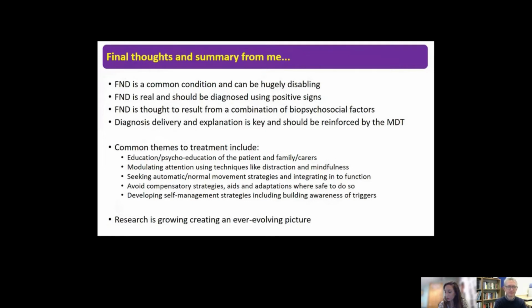We are all providing the same kind of treatments. There are the same principles governing what we are doing, certainly as allied health professionals. Physio, OT, speech and language therapy, there's very, very common ground between our treatments.